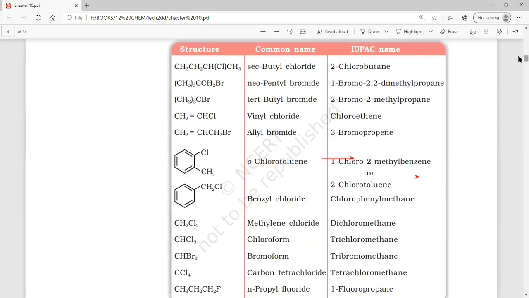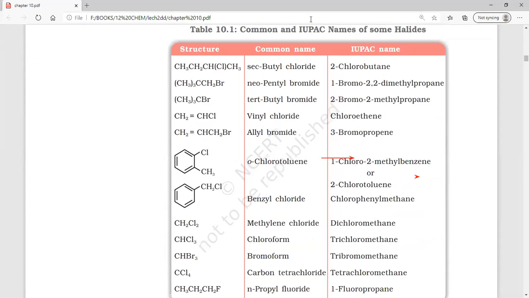Here a list of the names is given for your practice. Now there are 2 ways in which you can practice this. You can write down the common name, then draw the structure, and then write the IUPAC name, or you write down the IUPAC name and then write down the structure and then the common name, or you draw the structure and then write both the common name and IUPAC name. Okay.